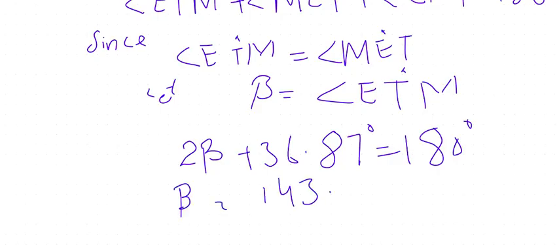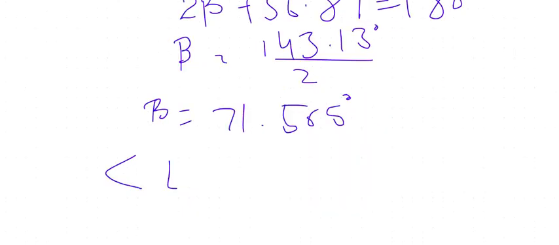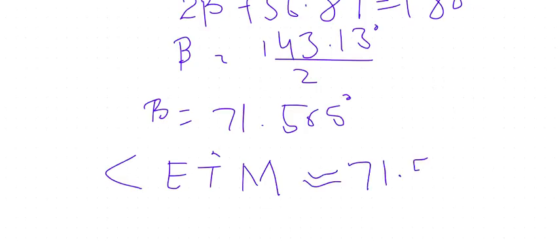So the answer is beta equals 71.565 degrees. So we say that angle ETM is approximately 71.57 degrees. So this is the required answer we have to find out in this question.